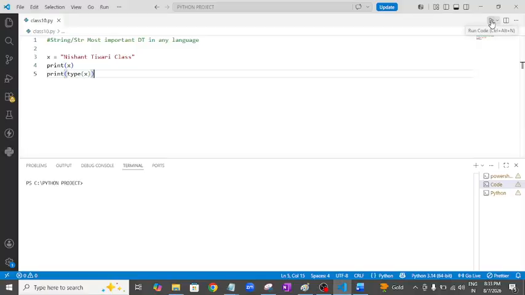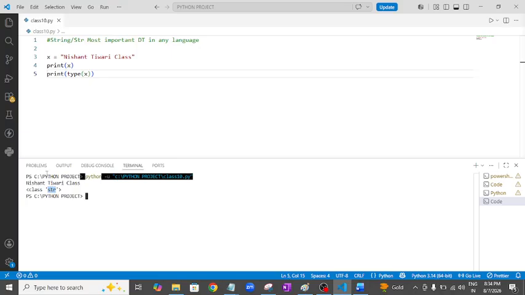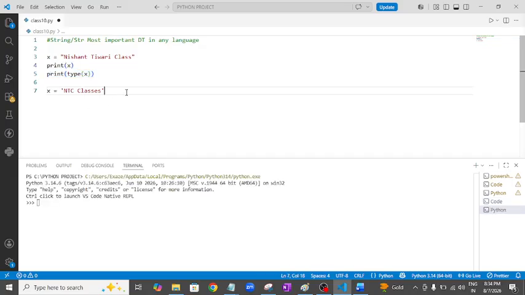This is the 10th or 11th lecture, so you are not very new to Python now, and you can happily understand what is going on. If you see, this is represented by str. Another way is x equals something, so you can represent x like this as well.